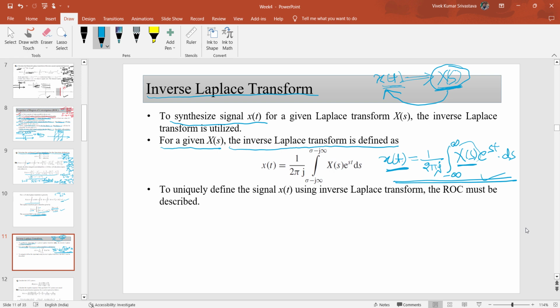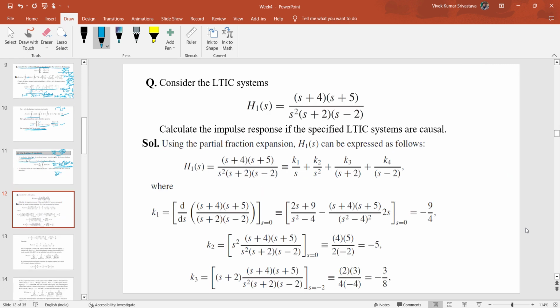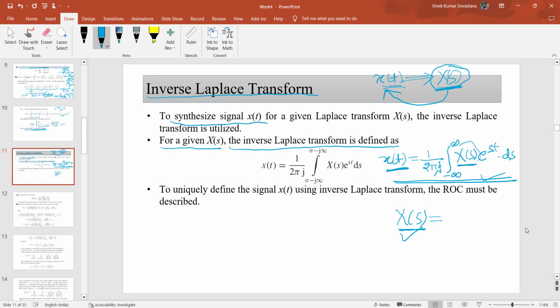So we will use a simpler method, where by using partial fractions we will break this Laplace transform into known Laplace transforms of known functions. By using this partial fraction method, we can evaluate the inverse Laplace transform, instead of using this formula for evaluating x(t).